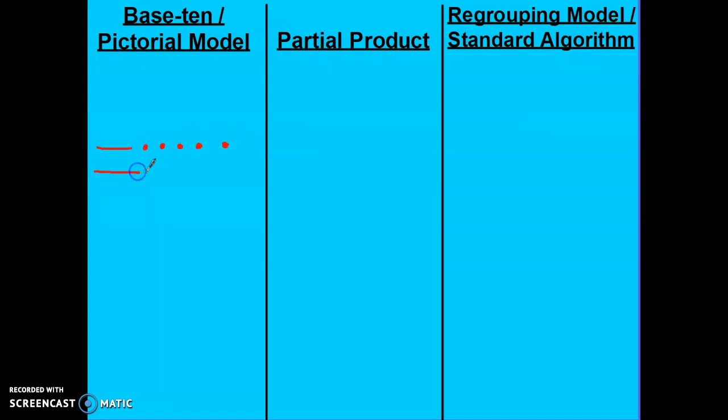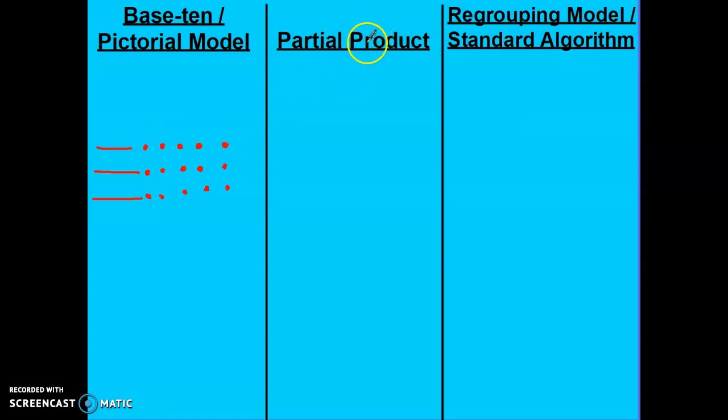And I have 3 groups of 15. And here's the third group. Again, I have 1 group of 15, 2 groups of 15, 3 groups of 15. These lines represent 10, and these dots represent ones. Students have been using this pictorial model since 1st grade.